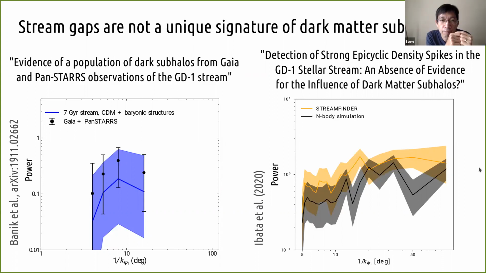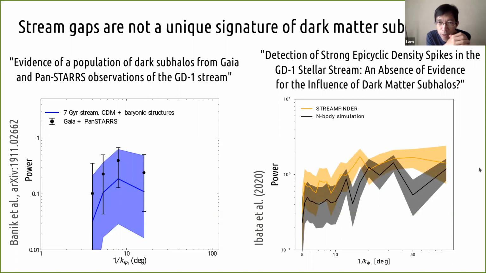Yeah. And for the plot on the right, the color band, the higher one, is data, and the black band is from N-body simulation. So the interpretation is that these density fluctuations cannot be accounted for by subhalos, but have to be accounted for some other way.